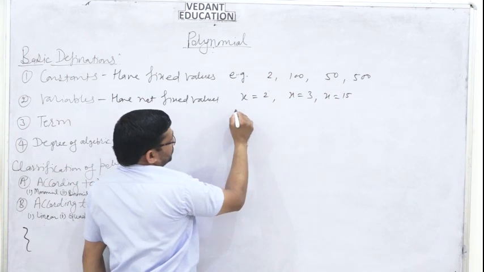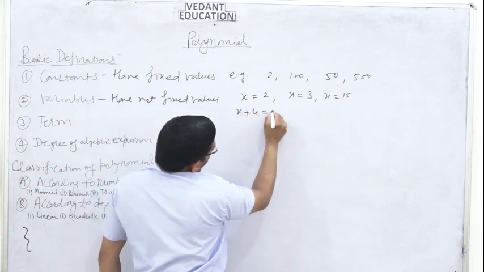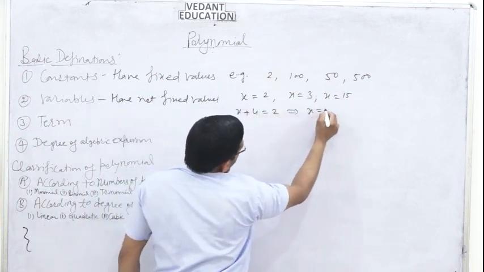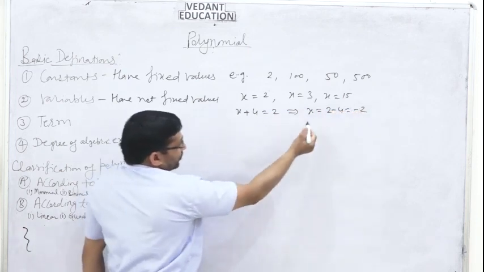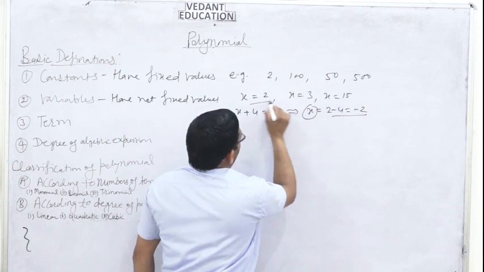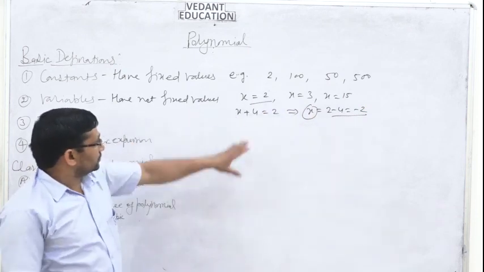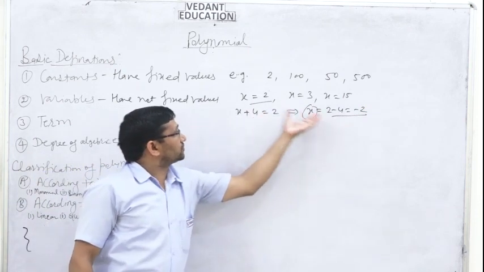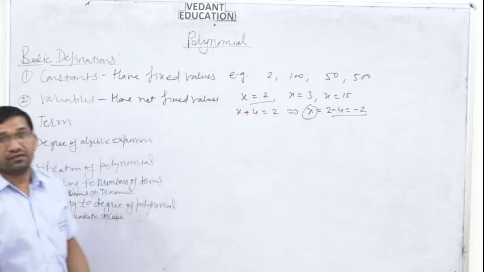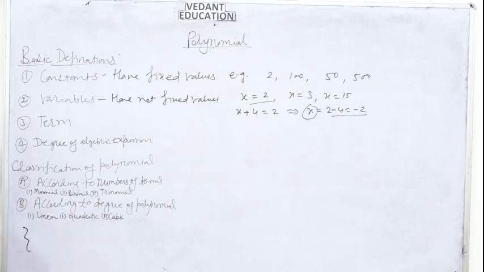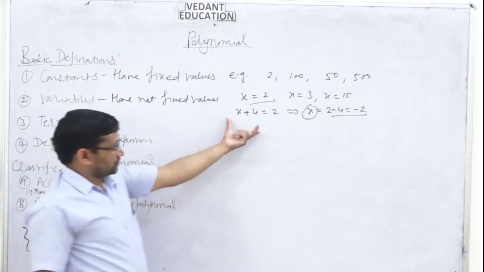For example, suppose the equation is x plus 4 is equal to 2, that is x is equal to 2 minus 4 is equal to minus 2. So the value of x depends on the equation. x is equal to minus 2, x is equal to 2, x is equal to 3, x is equal to 15. So values of x change.